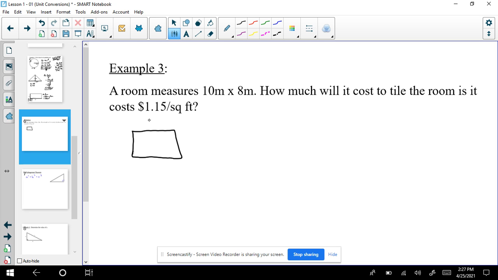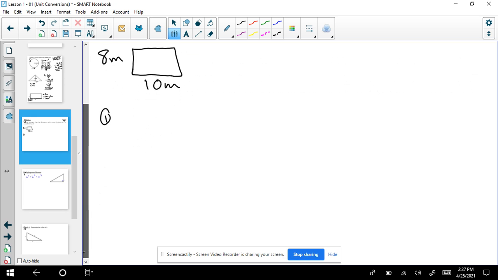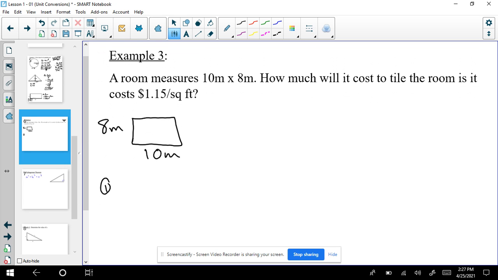So we're going to have our 8 meters on this side, our 10 meters on this side, and to figure out how many feet are in a meter, what we have to do first of all is go take a look at our conversions. So my little step 1 would be to go figure out what 8 meters and 10 meters are in feet.